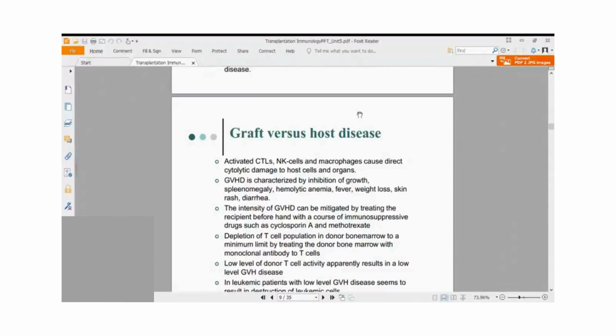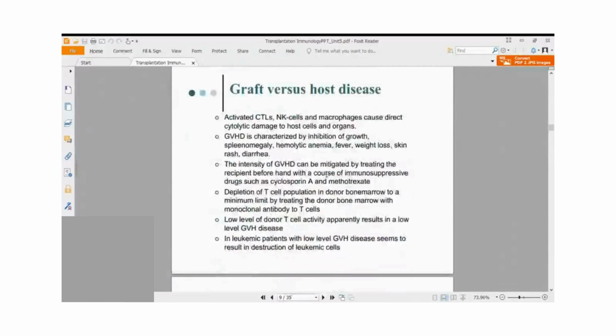Therefore, the person is under continuous observation by the doctor, and periodically he has to visit and get himself checked for the immune response being mounted by the bone marrow. At the same time, those leukemic patients who receive the bone marrow graft, by having low GVH in them, that is graft versus host disease, can suppress the leukemic cells. It has been observed that the progression of leukemia is suppressed in them.